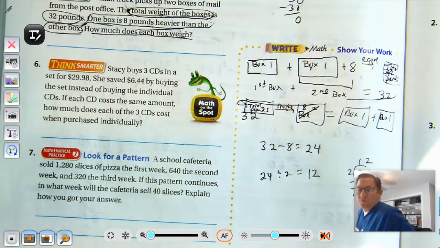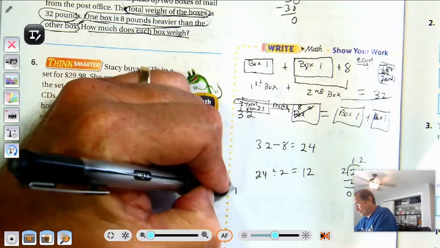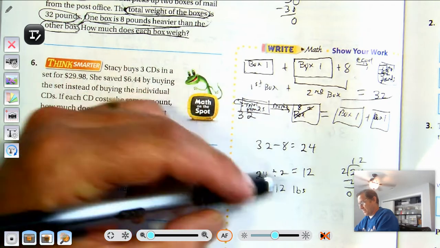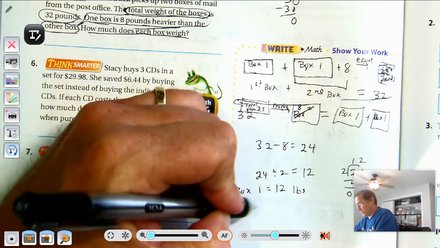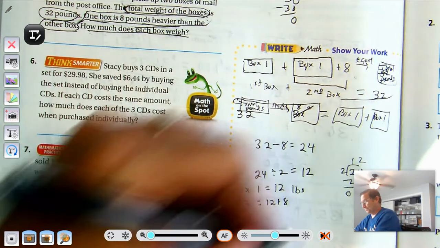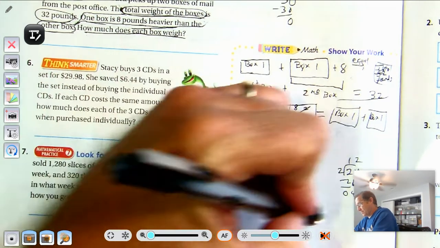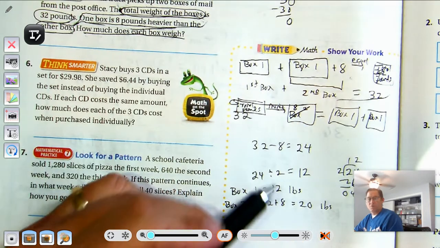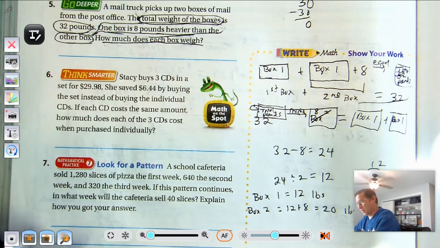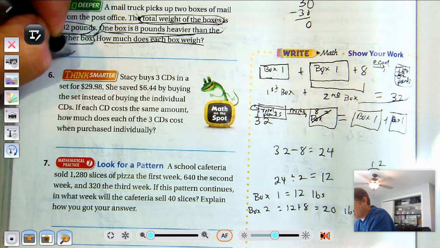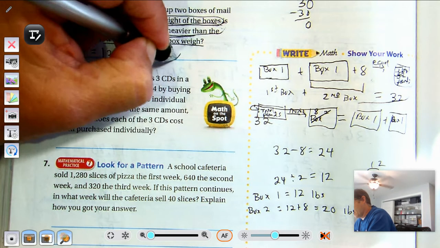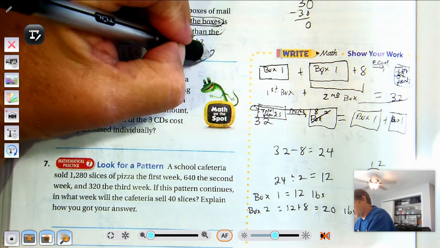Okay, so if box 1 equals 12 pounds, then box 2 equals 12 plus 8. And 20 plus 12 is 32. So, what was our question? How much does each box weigh? Box 1 equals 12 pounds. Box 2 equals 20 pounds.